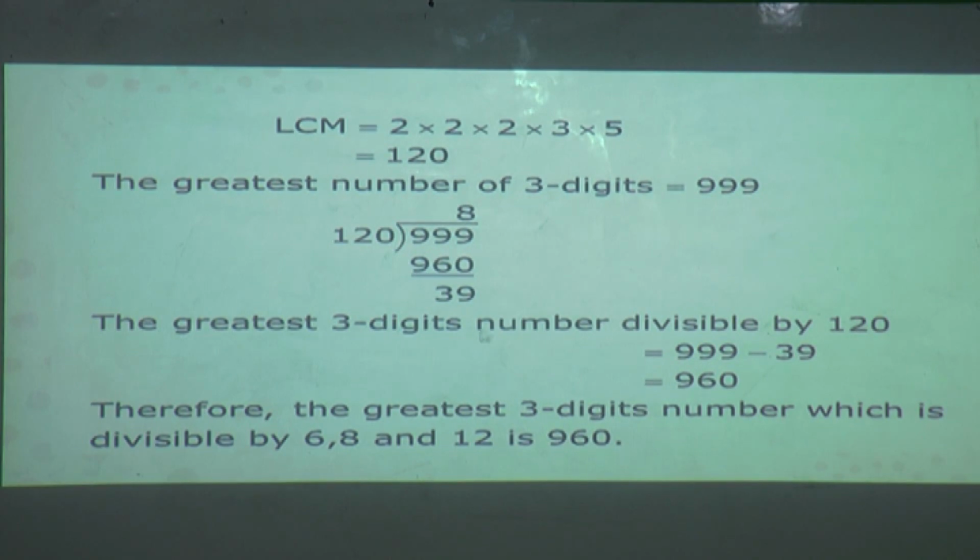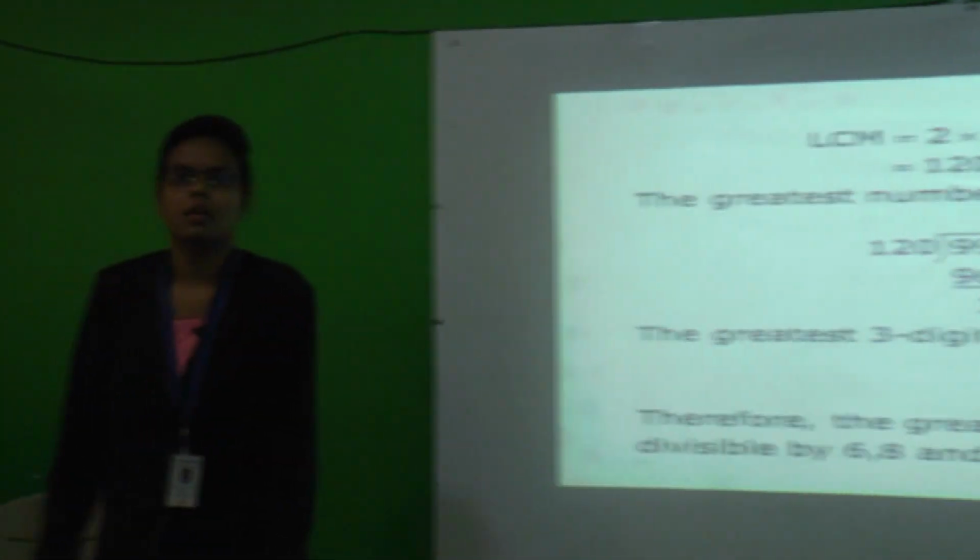So the greatest 3-digit number divisible by 120 is 999 minus 39, which is 960. Therefore, the greatest 3-digit number which is divisible by 8, 10 and 12 is 960. Okay students, we have solved a few examples from exercise 3.7 which were the word problems.